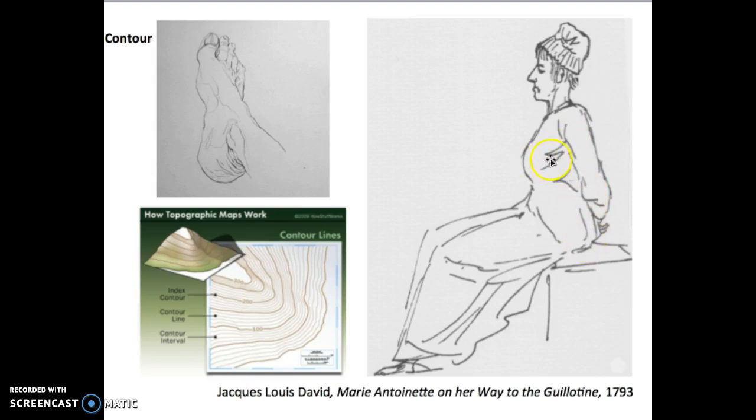He has used this sort of lightning bolt line in order to indicate the shift between her rib cage and her breast here. So we get an idea that this is more voluminous than this area of her body. Additionally, we're seeing this line down here indicating a shift in form from her thigh to her knee.